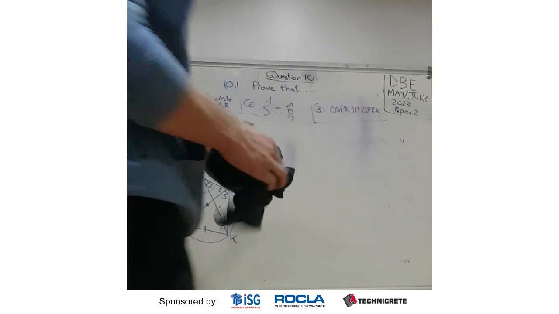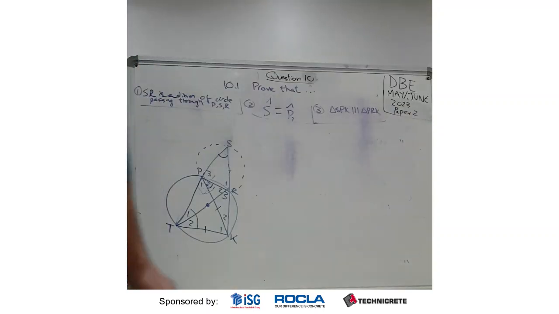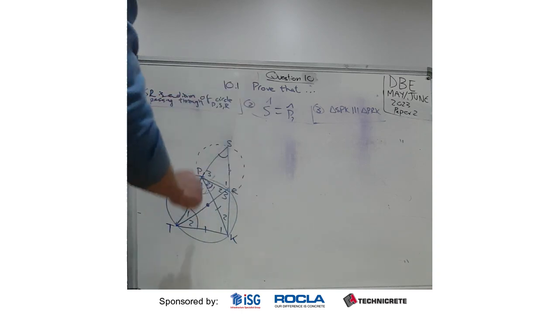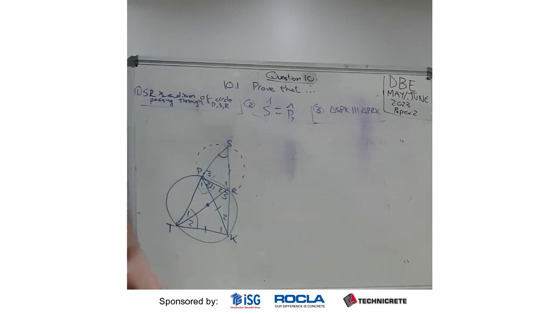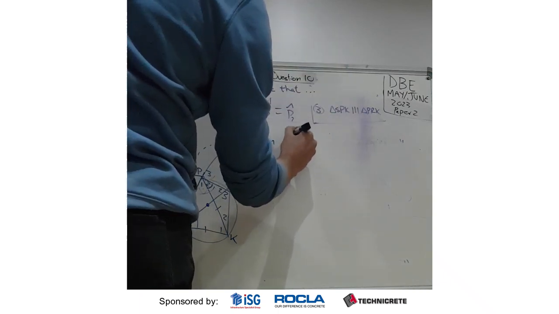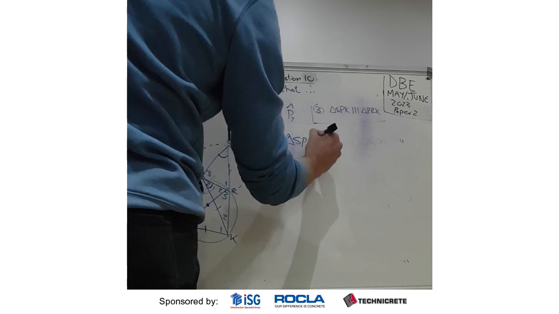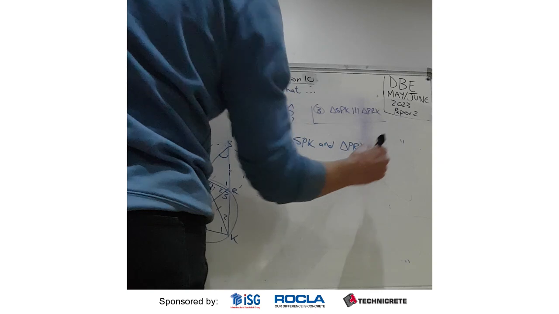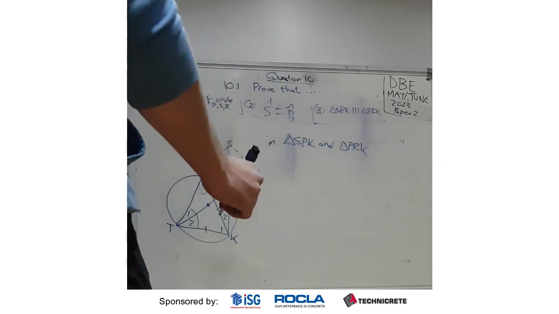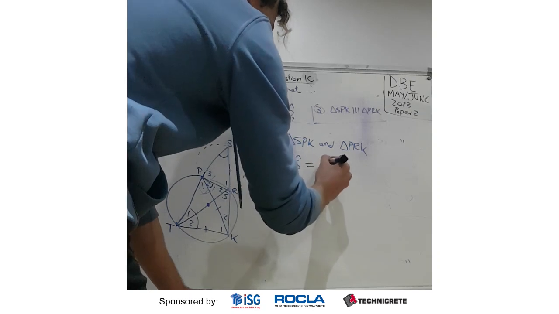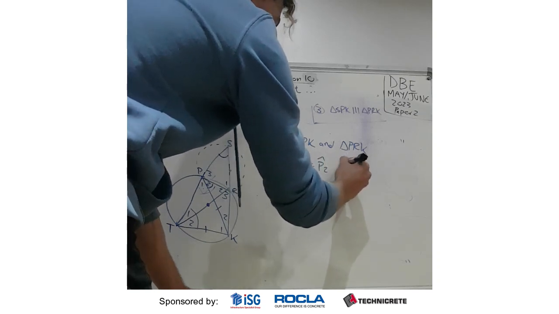Now they want us to prove that two triangles, SPK and PRK, are similar. Remember when you're doing a triangle proof, you follow the same formula every time. So in triangle SPK and triangle PRK, let's find the first things that are similar. We've just proved that angle S is equal to angle P2.